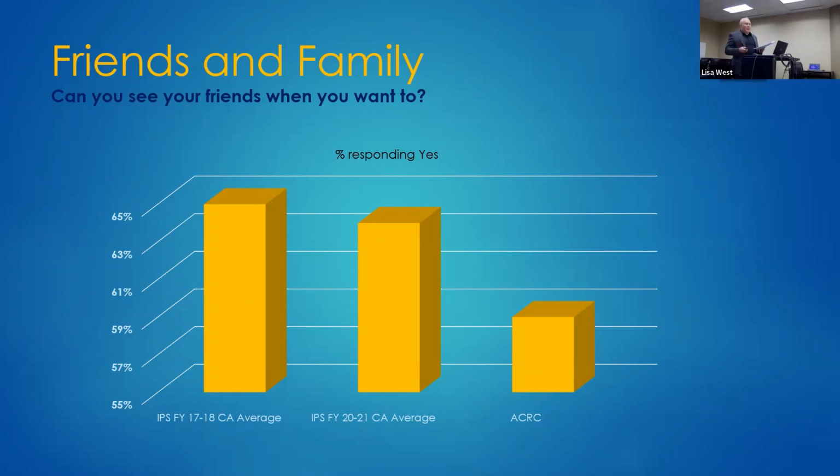Our Northern California neighbors also had 64%, and the large regional centers, San Diego Regional Center and North Los Angeles County Regional Center had 63% and 60% in response to that. So everybody's right within that same range, but Alta is slightly lower by comparison. So again, our hope is that our clients, as we move forward, will be able to have greater access to seeing family and friends.